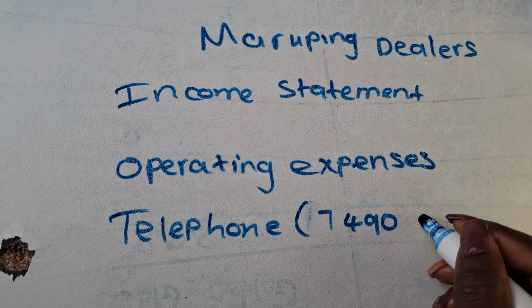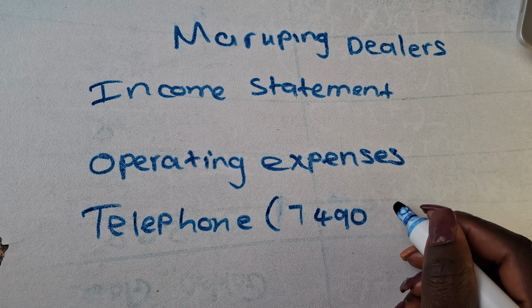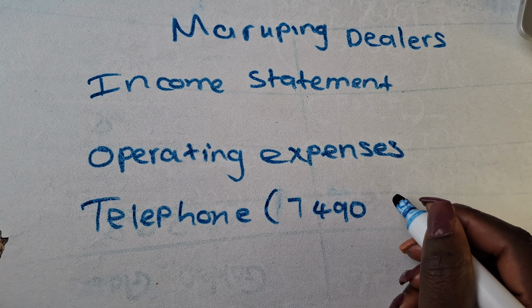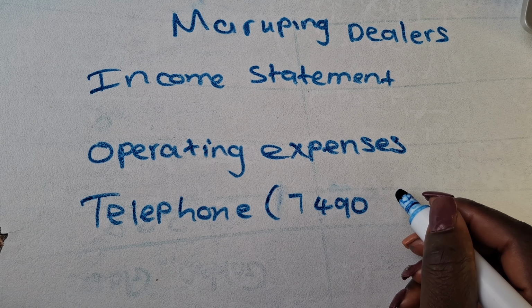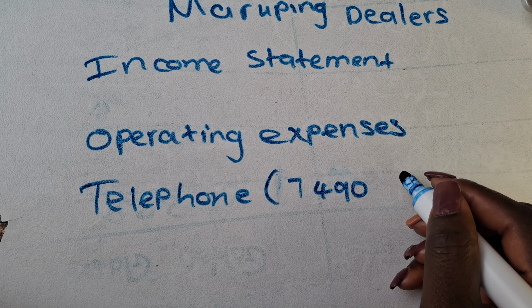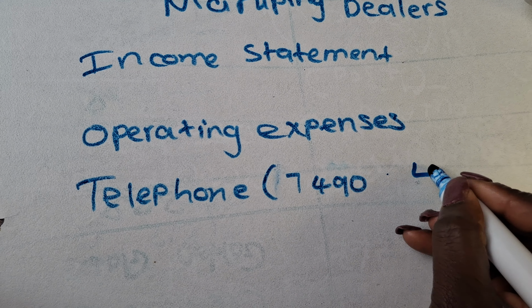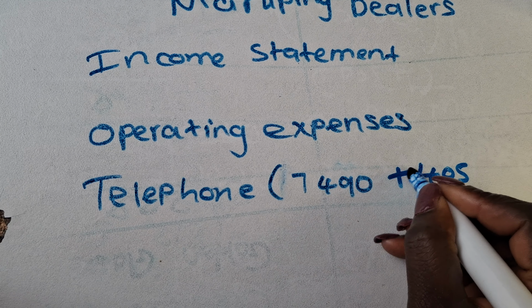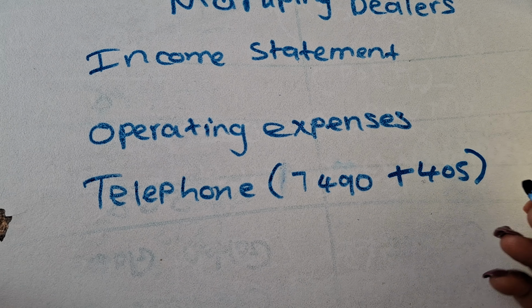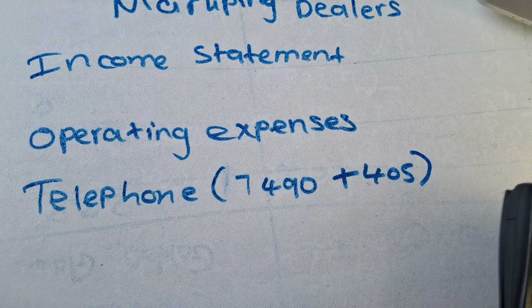7,490, but because in additional information B, we are told that the telephone account has been received but it has not yet been paid, which means that we've already used the telephone but we've not paid for it for the amount of 405. So we need to add this 405 to the telephone amount that we've already got in the trial balance.